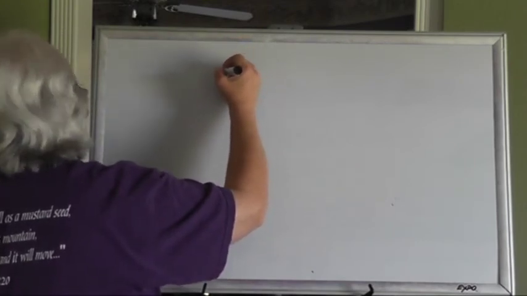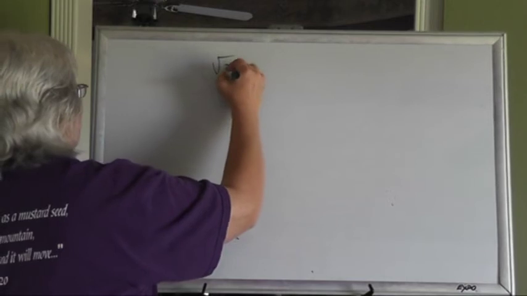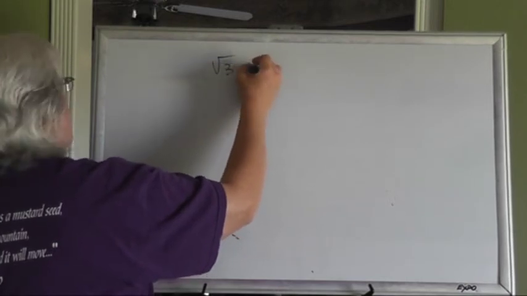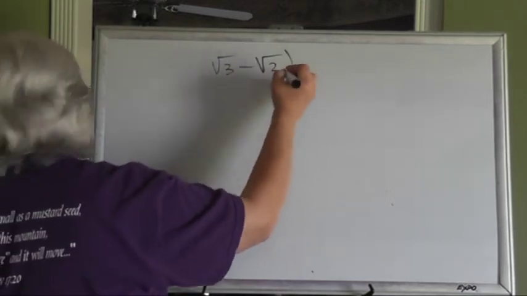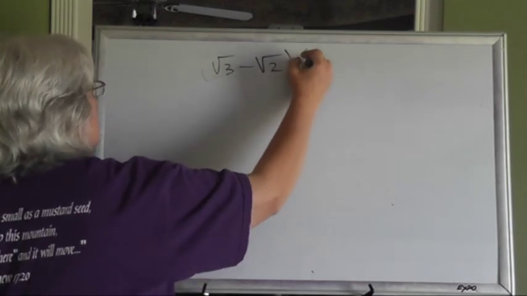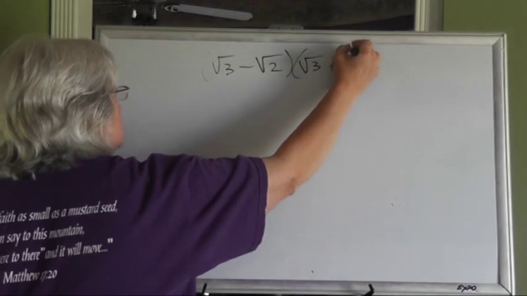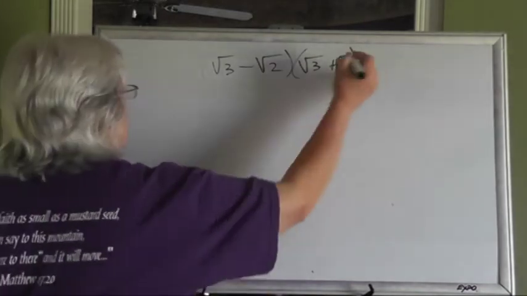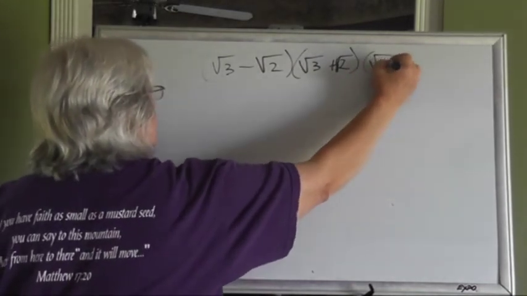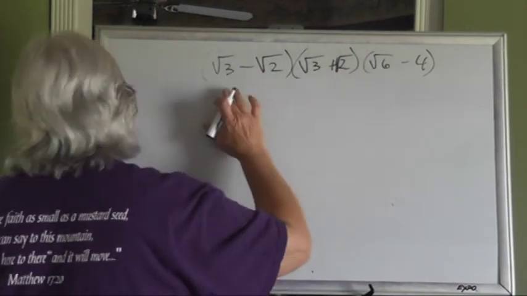This says multiply the square root of 3 minus the square root of 2, times the square root of 3 plus the square root of 2, times the square root of 6 minus 4.